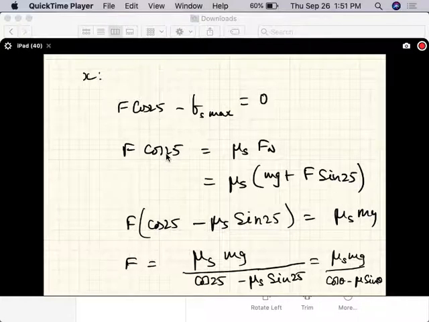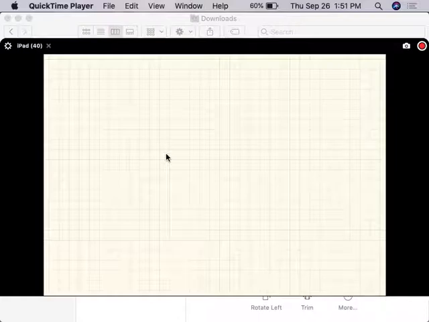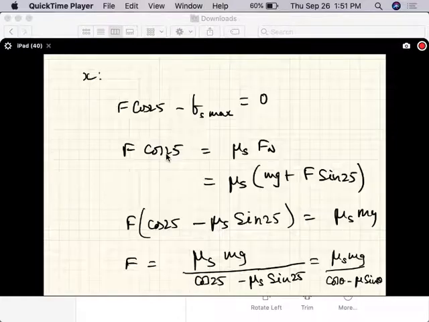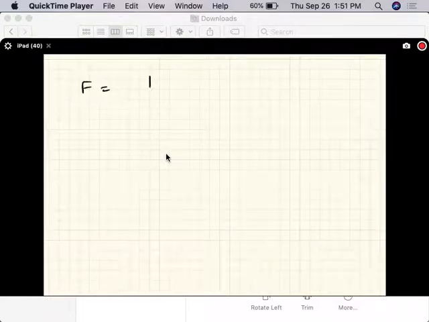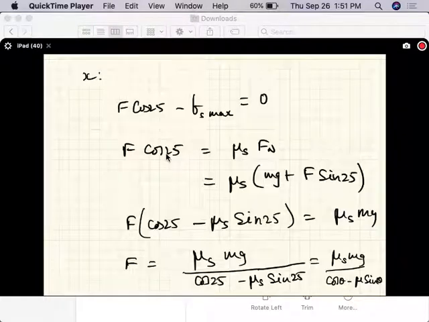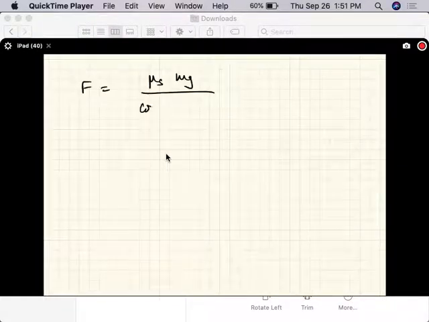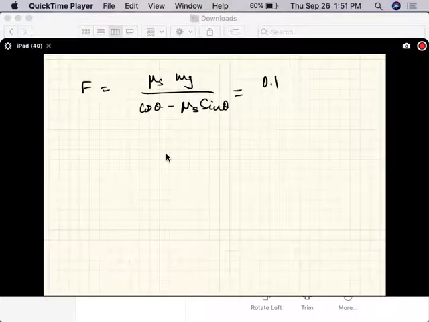Okay. All right, so now let's calculate the force. F is mu s times mg divided by cosine theta minus mu s sine theta. 0.1 times, what is the mass of the block?